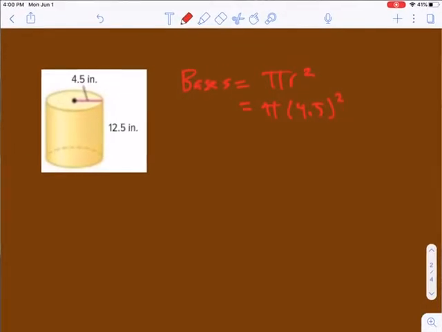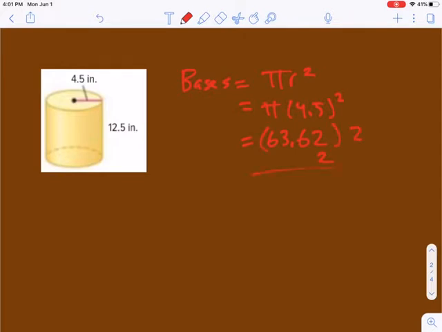And then I have 2 of these, so I multiply this by 2, and I get 127.24 for both bases. So this is actually 1 base, and 2 bases is that.